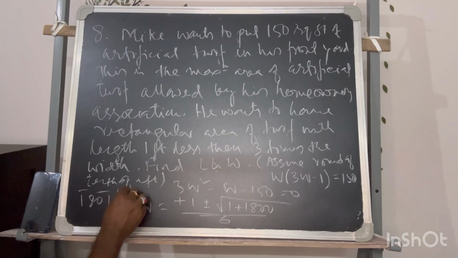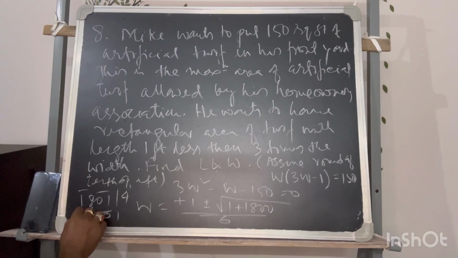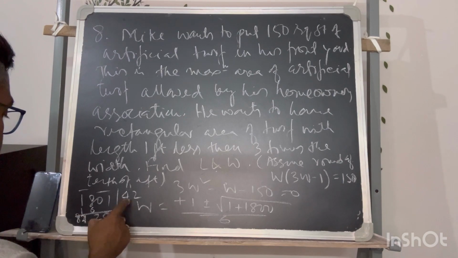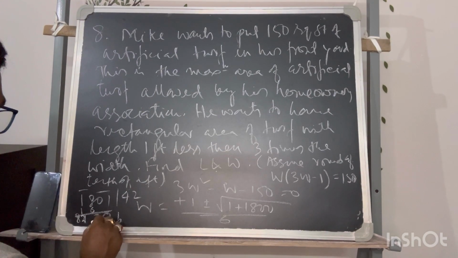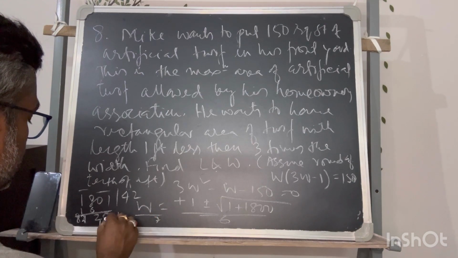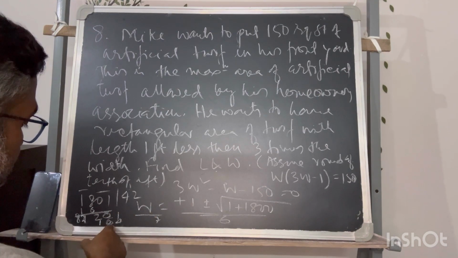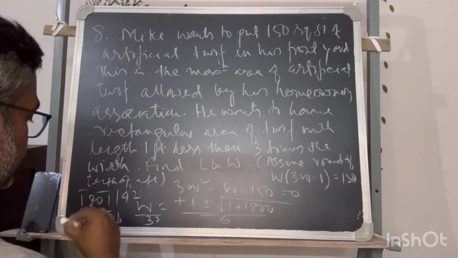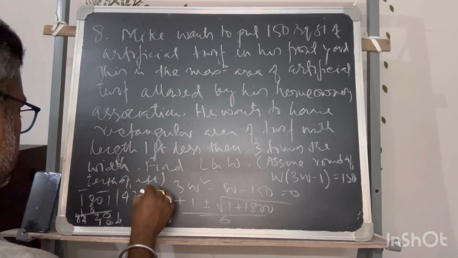So 4 4 is 16, 2 0 1, 4 2 is 8. And then 3 will be higher, 2 2 to the 4, 8 to the 16, 16. So this will be 7 7, this will be 17 3. Have to take point 0 0.